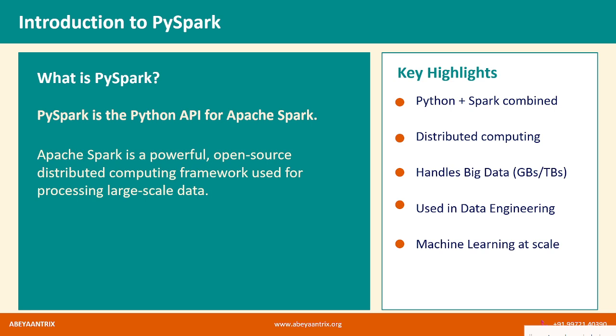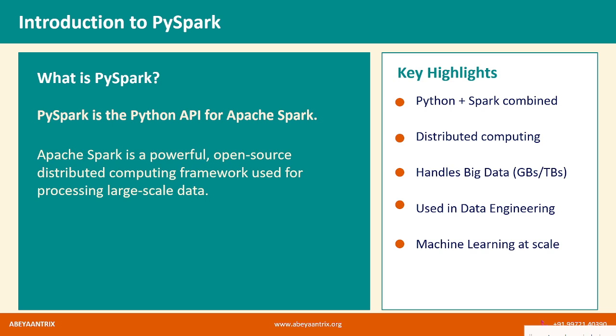Okay. So everybody knows that Pyspark is the Python API for Apache Spark, and Apache Spark is the powerful open source distributed computing framework which is used for processing large scale data.